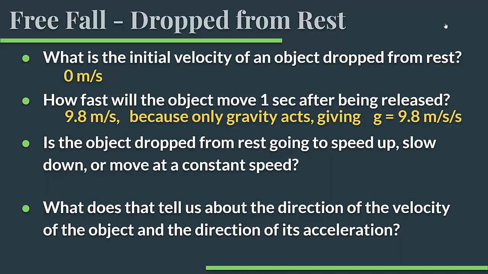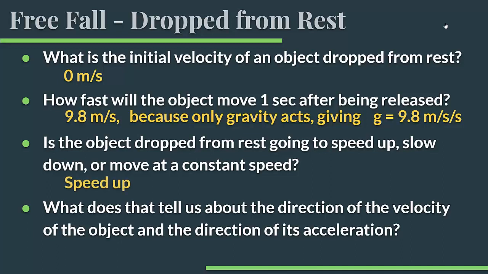And again, this goes back to, do you understand what it means to accelerate? Is the object dropped from rest going to speed up, slow down, or move at a constant speed? Well, if I drop an object from rest, I already know what's going to happen. It's going to move toward the ground. If I call that the negative direction, then it's going to move in the negative direction, and that's the same direction that the force of gravity is acting in, toward Earth's surface.